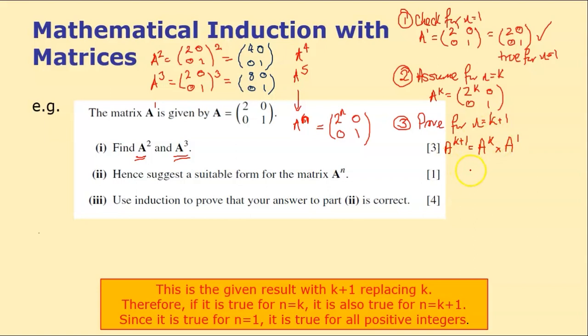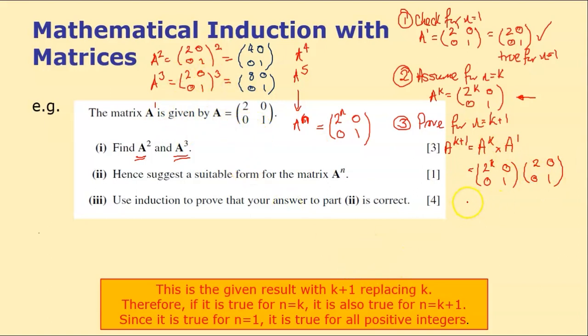So on that basis, I can say A to the k plus 1 is equal to, well, you see, this A to the k, I now know what it is. Well, I've assumed I know what it is. And essentially then I can write 2 to the k, 0, 0, 1. And I'm going to times that by 2, 0, 0, 1, because this is what the A to the 1 is. The A to the 1 was given to me right at the start.